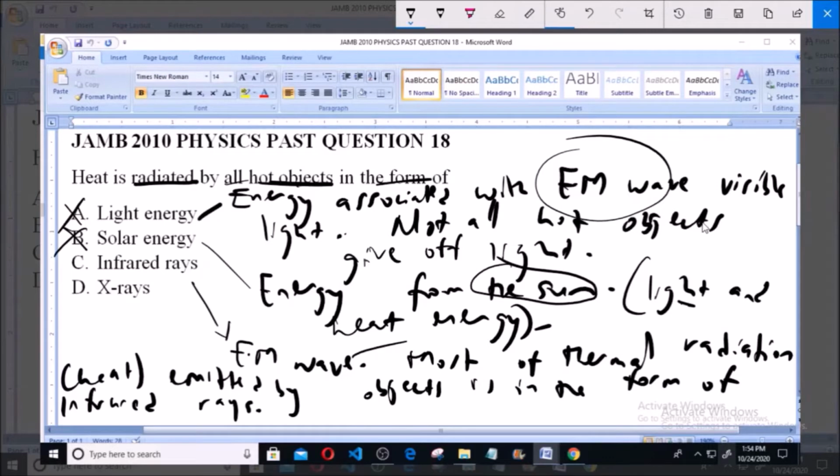Okay, so infrared rays is the form in which heat is radiated by hot objects, in which thermal radiation is given off by hot objects. So option C, infrared rays, is the correct answer to this question.